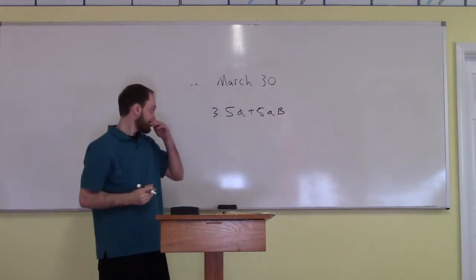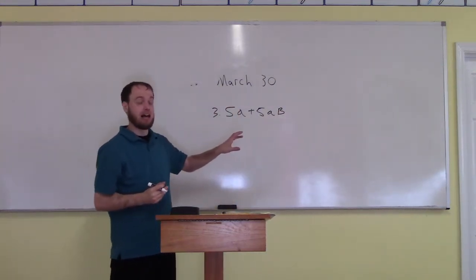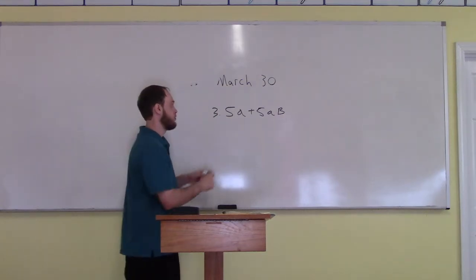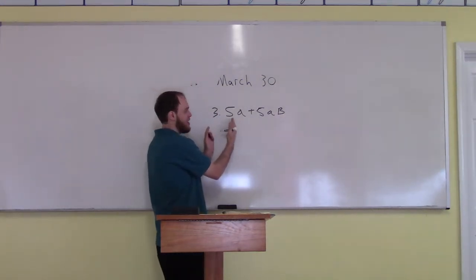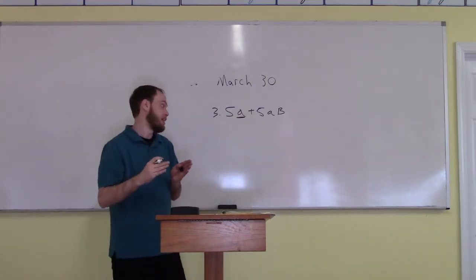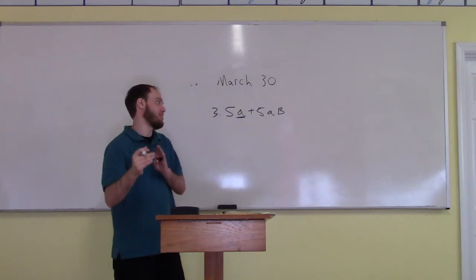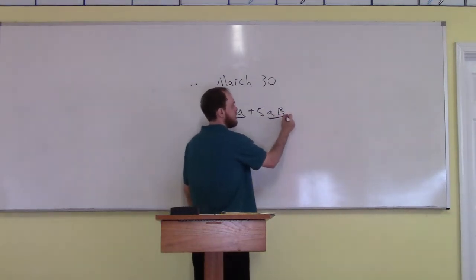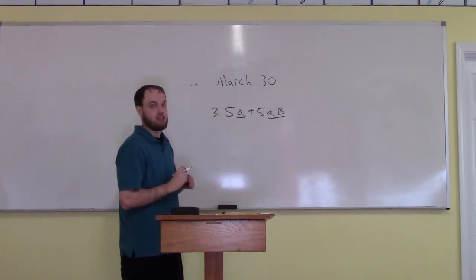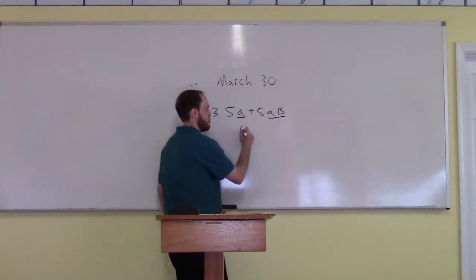So again, just telling if it's like or unlike, you're going to look at it and identify the variable and see if they're the same. So the variable on this first term, 5A, is an A. So for it to be a like term, the next one has to be exactly the same. But notice it's AB, so our AB is different than just our A, and so that would be an unlike term. So you would put unlike.